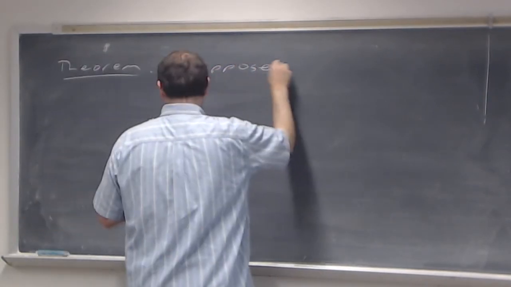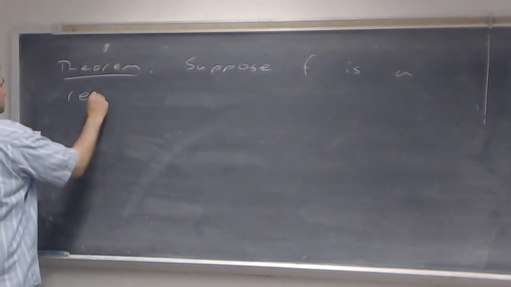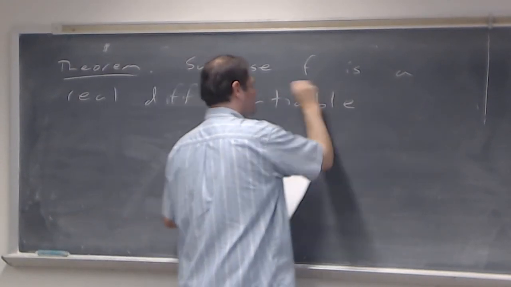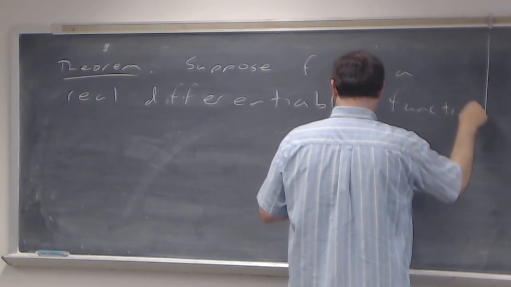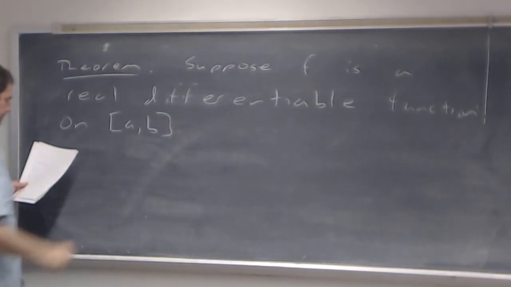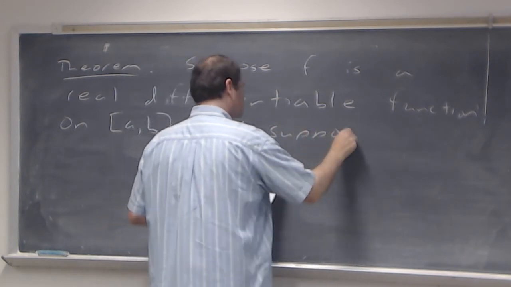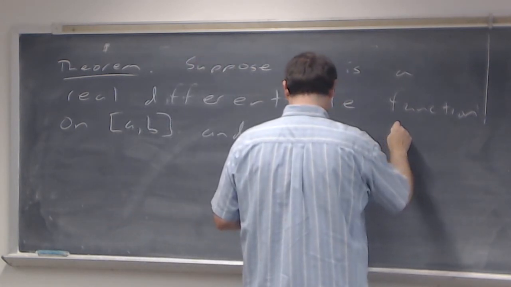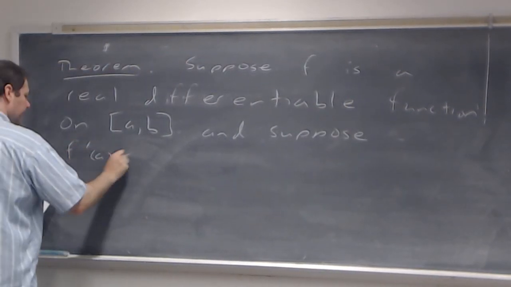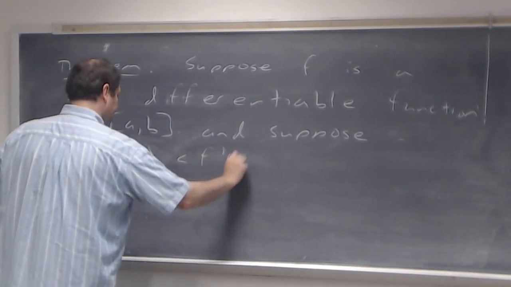Suppose f is a real differentiable function on the closed interval from a to b, and suppose f prime of a is less than some number lambda, which is less than f prime of b.